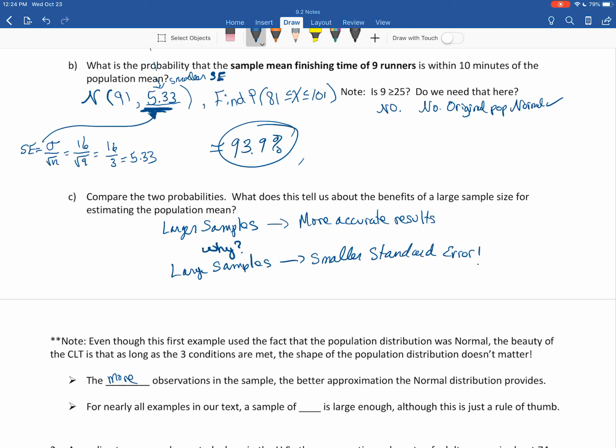For nearly all examples in our text, a sample of at least 25 is large enough. Although this is just a rule of thumb, if you go to a different text or watch YouTube videos online, you may see different cutoff numbers. That varies from text to text. But for our textbook and any of our MLP problems, you would be checking if the original population wasn't normal. As long as you hit that 25 mark, you're still good to proceed with your normal calculator.